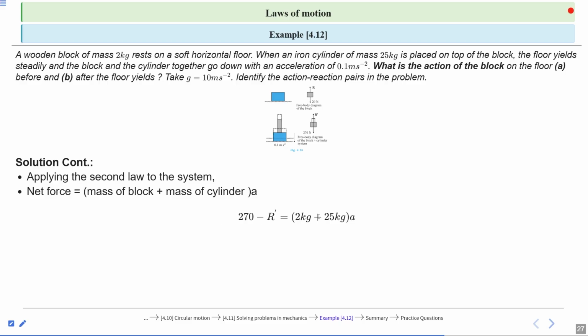Net force is mass of the block, that is 2 kg, plus mass of the cylinder 25 kg into A. So solving this, you will get 270 minus R prime equal to 27 into A. A is the acceleration given in this question, 0.1 meter per second square. So solving this, you will get R prime equal to 267.3 Newton. So this is the reaction. Clear?